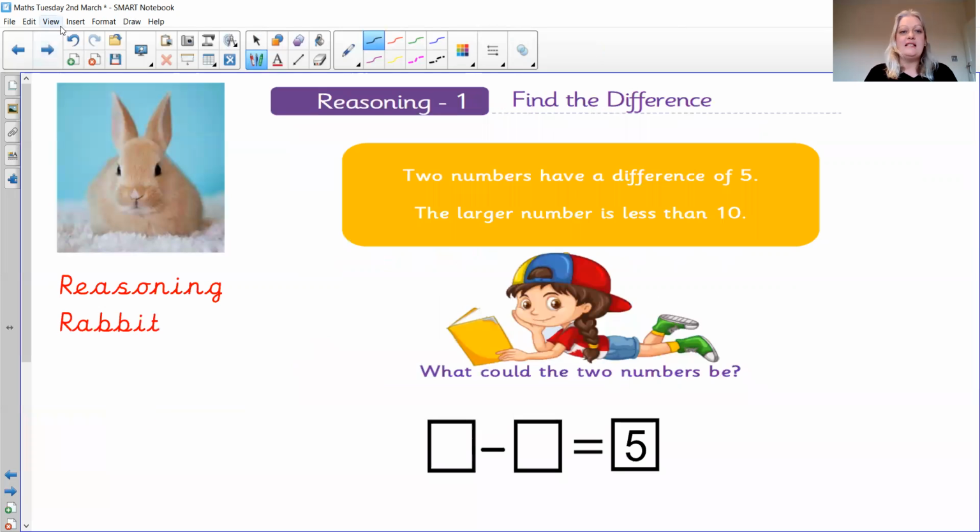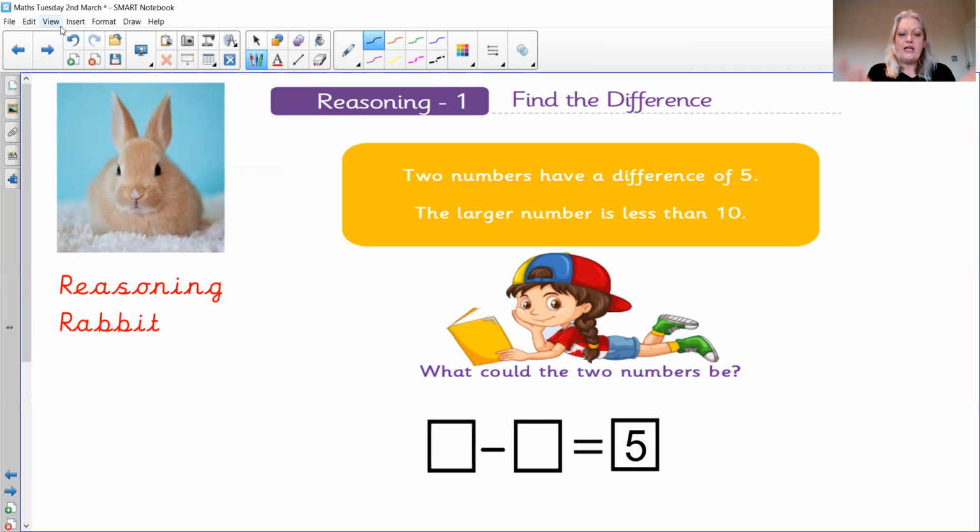Fantastic. So lastly, a bit of a reasoning rabbit, just to see if you've understood the finding the difference that we've been talking about. So remember, finding the difference is just about subtracting. So today, 2 numbers have a difference of 5. So the difference is always going to be 5. So that's why I put the equals 5 in a box for you. But what 2 numbers can you take away?